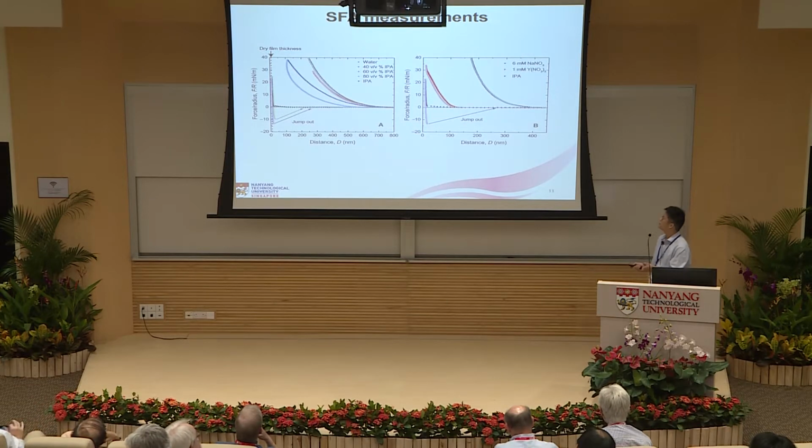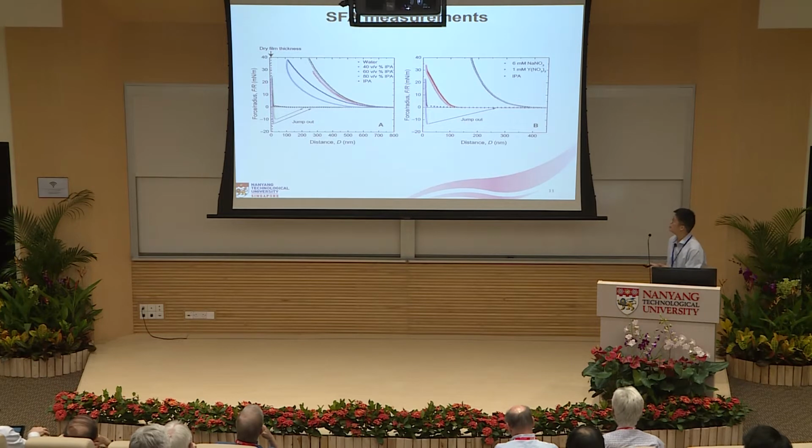So we wonder if this is mainly due to the solvophobic effect or due to a multivalent effect. And we did the surface force measurements again. Here we use isopropanol as the poor solvent because it can be mixed with water at any content. When we start to increase the concentration of IPA in the solution, we notice that the long-range repulsion between two PSS brushes completely disappears.